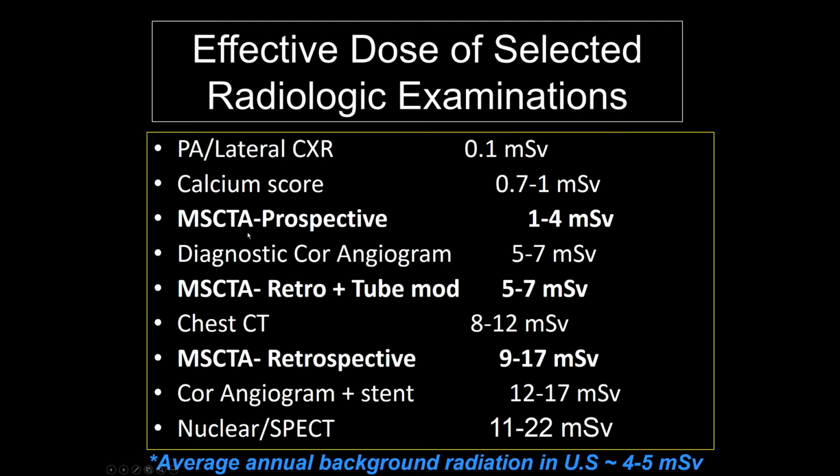Depending on which type of imaging, a standard diagnostic cath is about 7 millisieverts. But if you perform intervention, PCI, that goes up to about 17 millisieverts. A standard nuclear stress test gives you anywhere from 12 to 24 millisieverts depending on which agent you're using, whether it's thallium, dual isotope, etc.